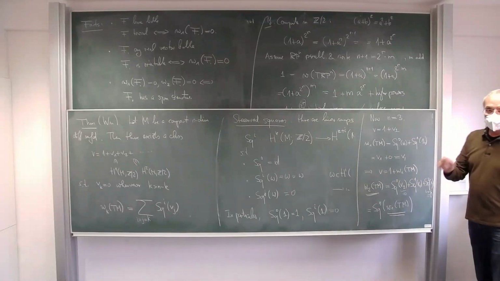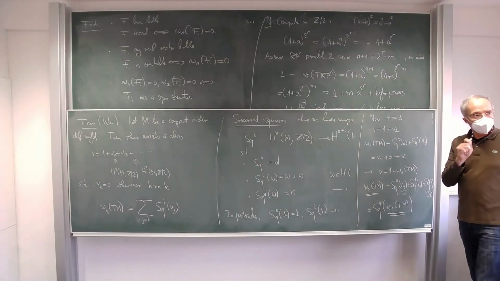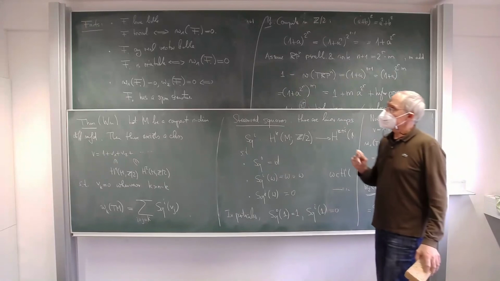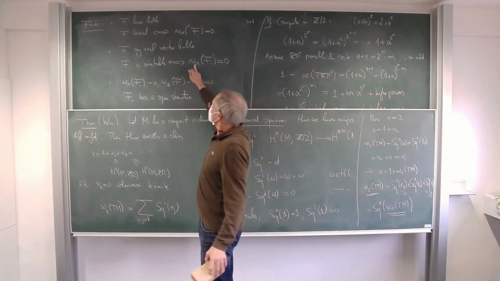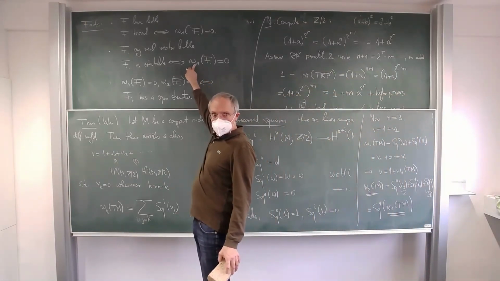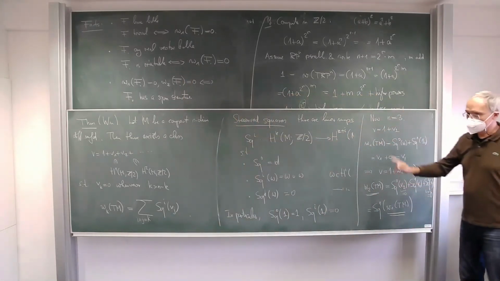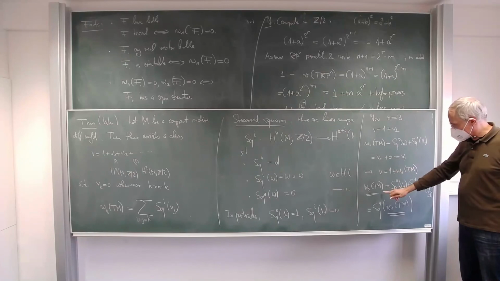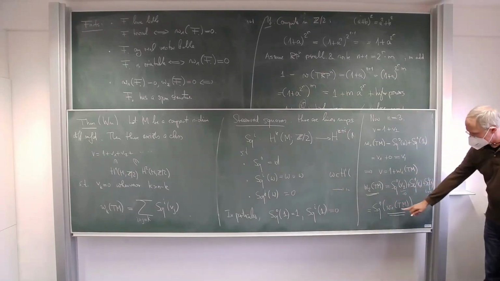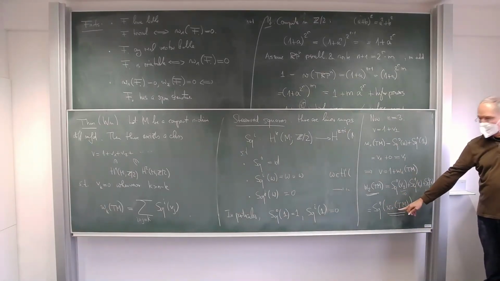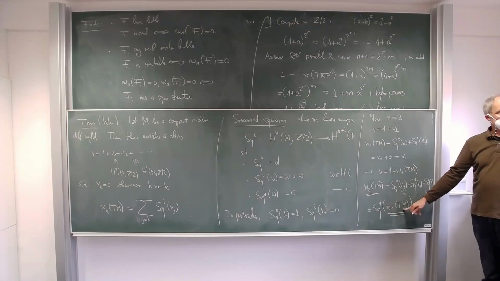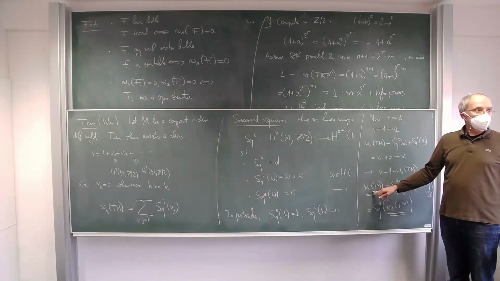Why? We were talking about three-dimensional manifolds which are orientable. So the first Stiefel-Whitney class of the tangent bundle vanishes. But now we saw that in the three-dimensional case, at least on a compact manifold, for the tangent bundle the second Stiefel-Whitney class is the Steenrod square of the first Stiefel-Whitney class. That's a linear map. So if the first Stiefel-Whitney class vanishes, then the second Stiefel-Whitney class vanishes automatically too.